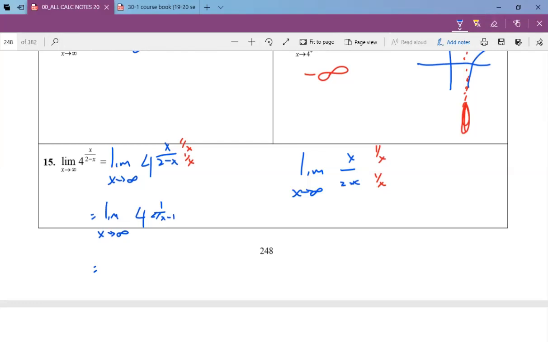Now when we evaluate our limit, we can let x go to infinity. And this becomes 4 to the 1 over 0 minus 1, which equals 4 to the negative 1, which equals 1/4.